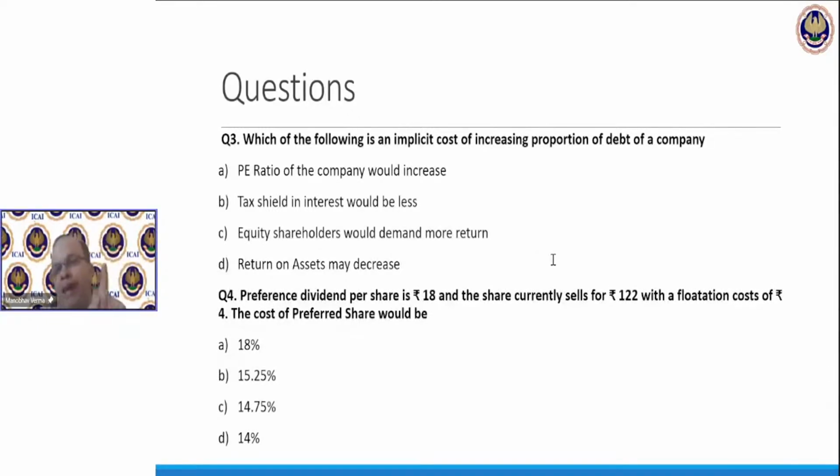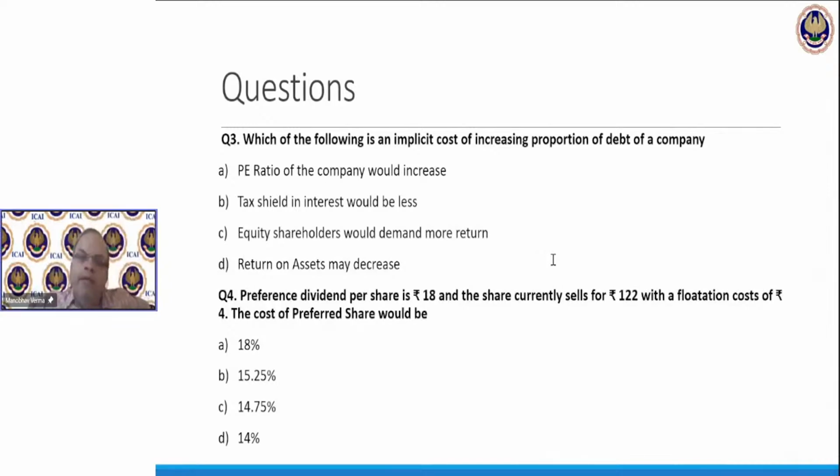Some people are saying A, some people are saying B. I think majority is giving me A, right? PE ratio of the company would increase. I'm really surprised. How can you compute that based on this information, right? If there is a debt increase, price upon earnings, how can we say that PE ratio would increase based on the given information?